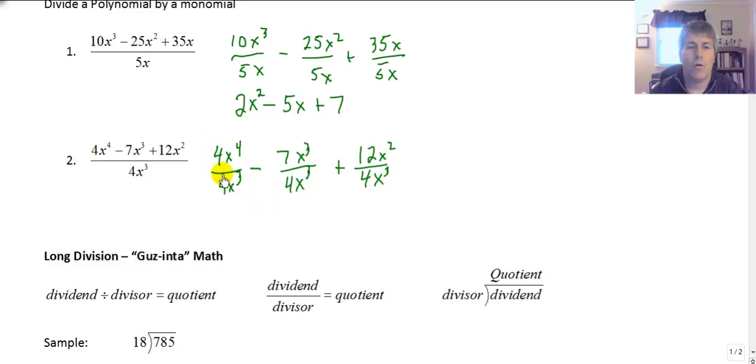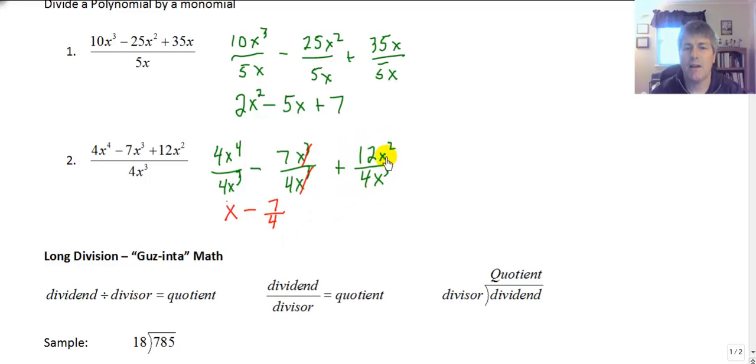So the 4 over 4 cancels. That becomes 1. And then x to the fourth over x cubed leaves us with just x over 1. Minus, well, here the x cubes all cancel, and that just becomes 7/4.